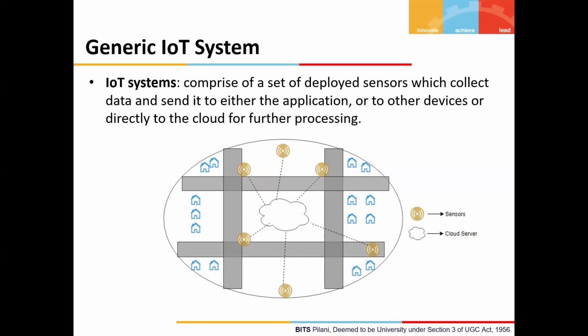It is very difficult to deploy the sensors over a whole country like India, which is very large in size. So in a generic IoT system, we deploy the sensors, and these sensors collect the data and send it to the cloud server of the organization. This is how we collect the data.